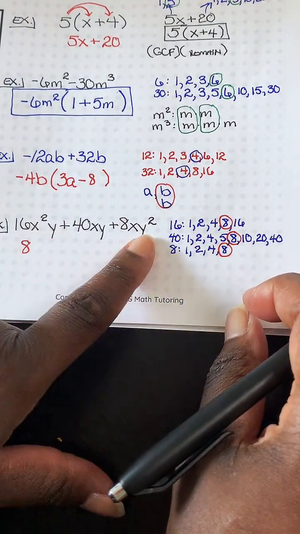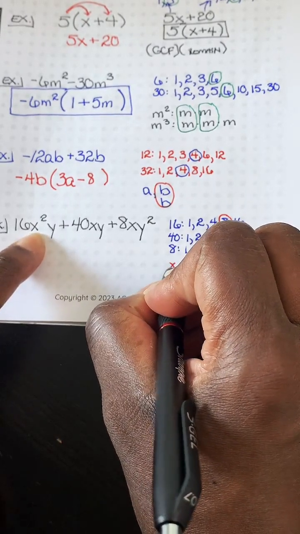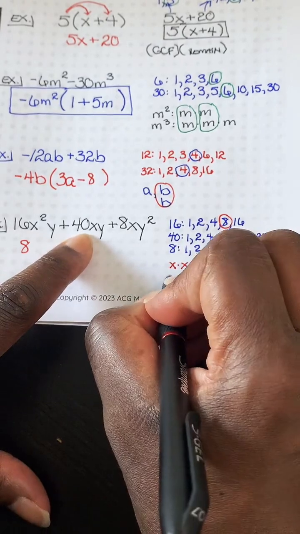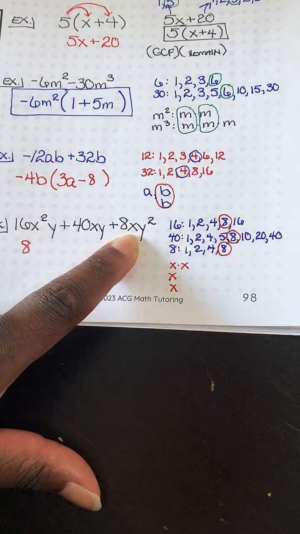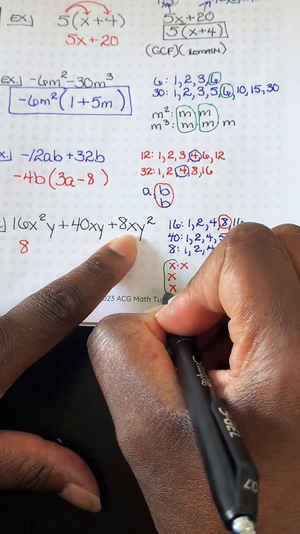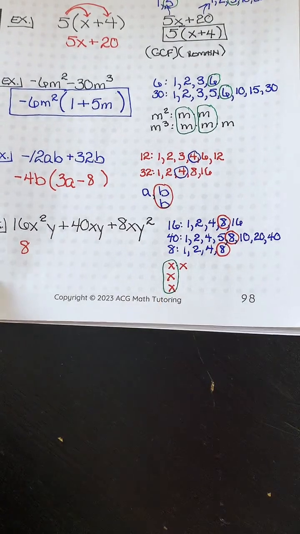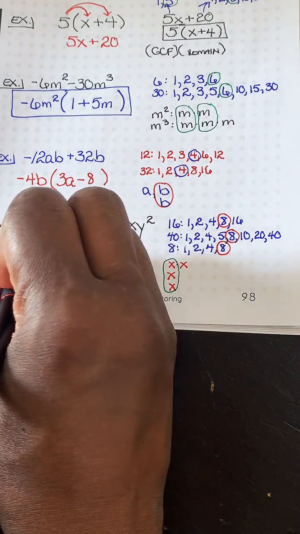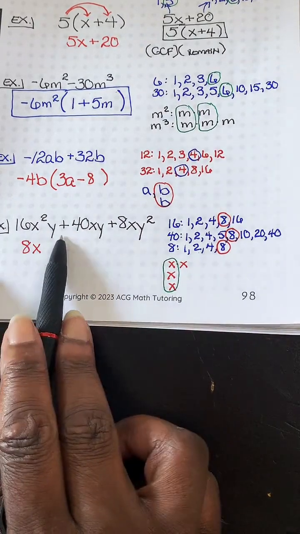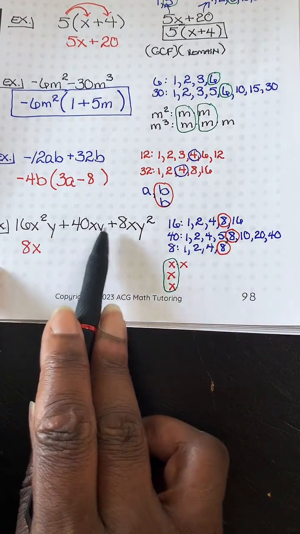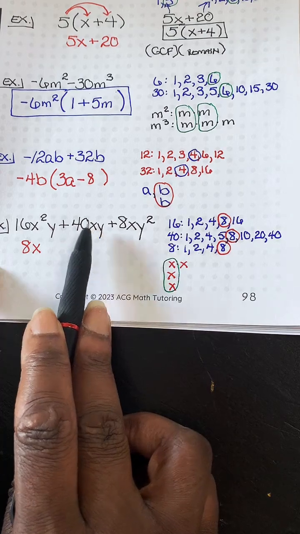Now, let's take a look at the x's. We have 2 x's, we have 1 x, and we have 1 x. So how many x's do they have in common? They have 1 set of x's. So that's why we got 8x. And remember the shortcut: if all 3 of them have the same base, go for the one with the lowest exponent.